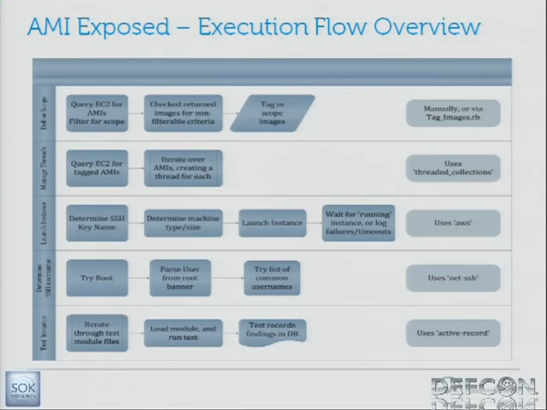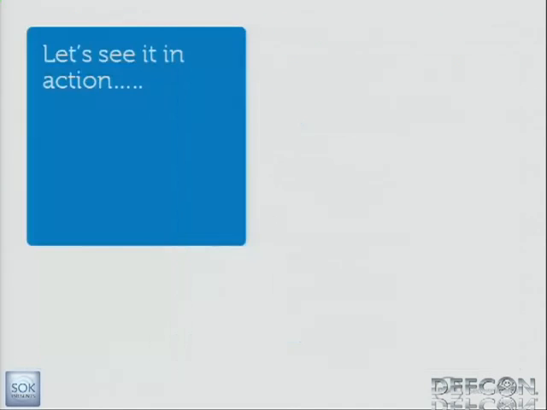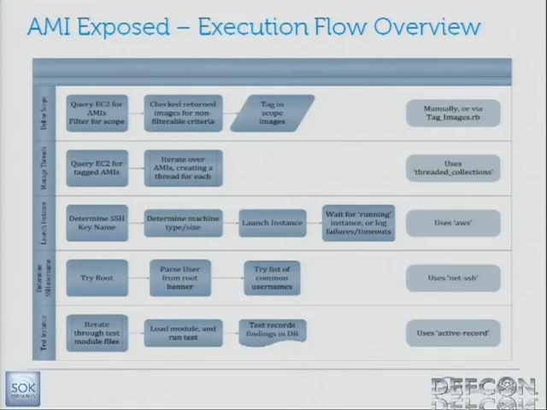And then if that fails, we just iterate through a list of usernames that we've discovered are commonly used out there. Generally we're pretty capable of determining the username. Then we run our tests. We go through each of the test modules, load the module, run it, and record all the findings in the database. We're using NetSSH for the SSH components and Active Record for the database component.